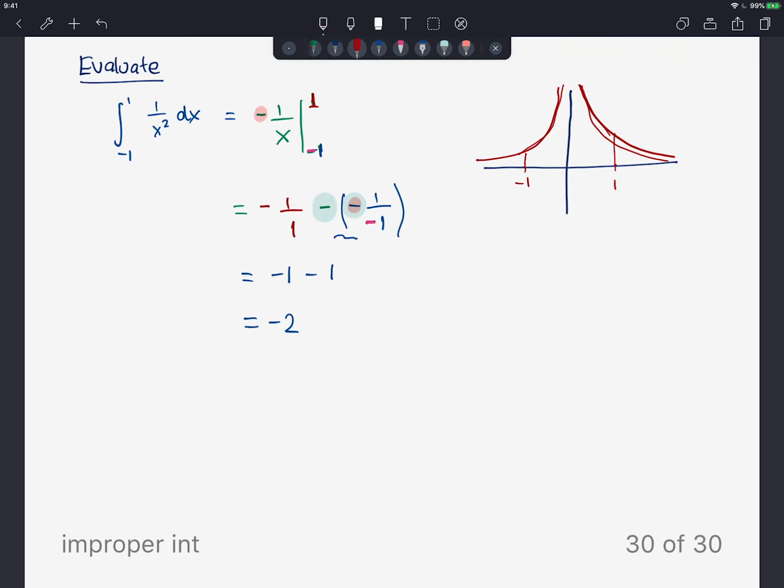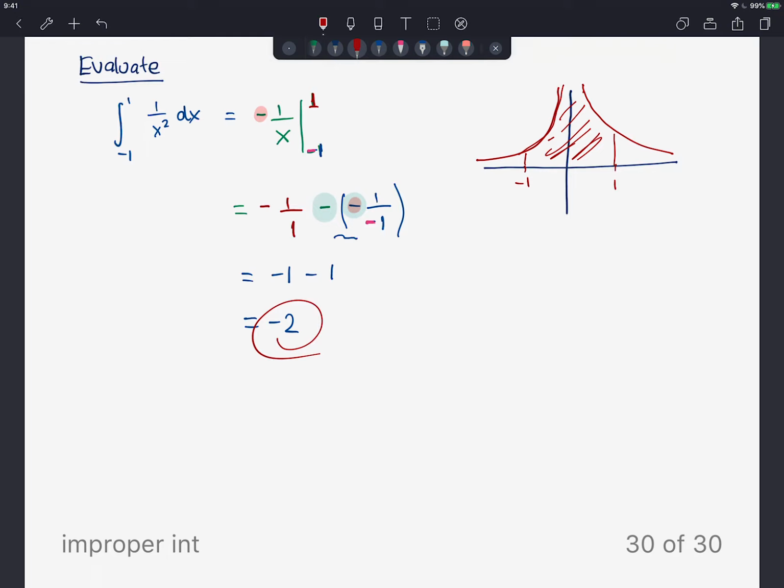So it looks something like this. That's a better picture. First of all, this area could be infinite. It could be finite if it converges, but there's no way I can get negative 2, because it's positive. So whatever I did right here is wrong.